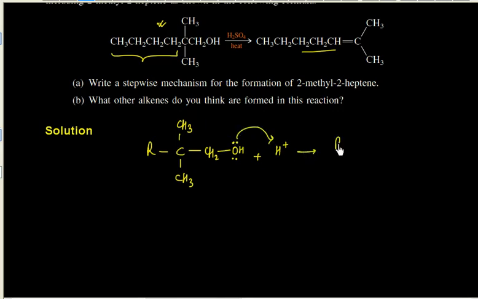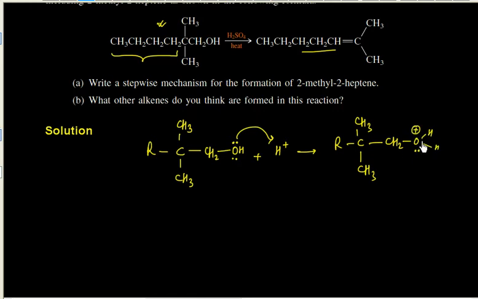You will have R C CH3, CH3, and then you have OH2 plus. Now in the next step you can lose this and make a carbocation here. I have left this CH2, and then you have OH2 plus.